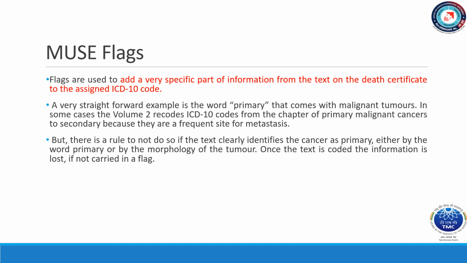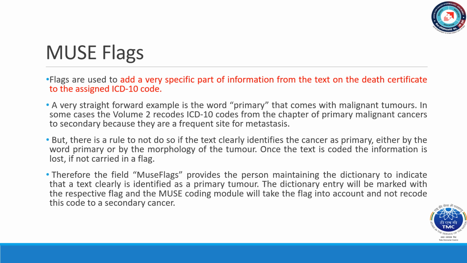But there is a rule to not do so if the text clearly identifies the cancer as primary, either by the word primary or by the morphology of the tumor. Once the text is coded, the information is lost if not carried in a flag.